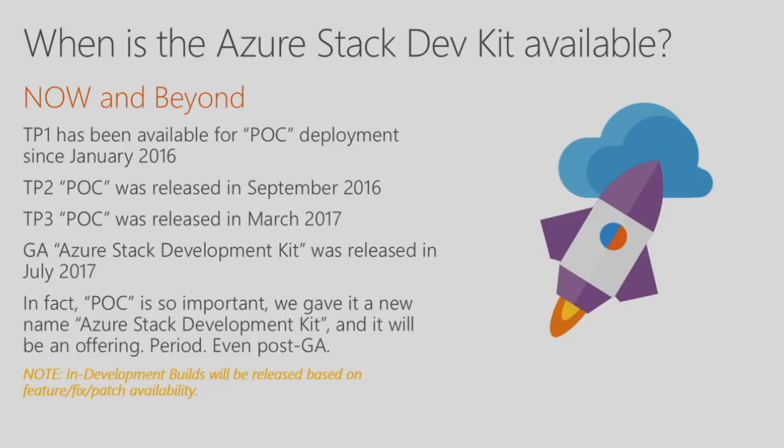So there's a little note on the bottom there that says in-development builds will be released on a feature-fixed patch availability. Being fully transparent, I had an intent at TP3 to have two release types, release build and in-dev build. What I wanted to do is have the release build be the major milestone releases, and the in-dev build be previews of what's coming.